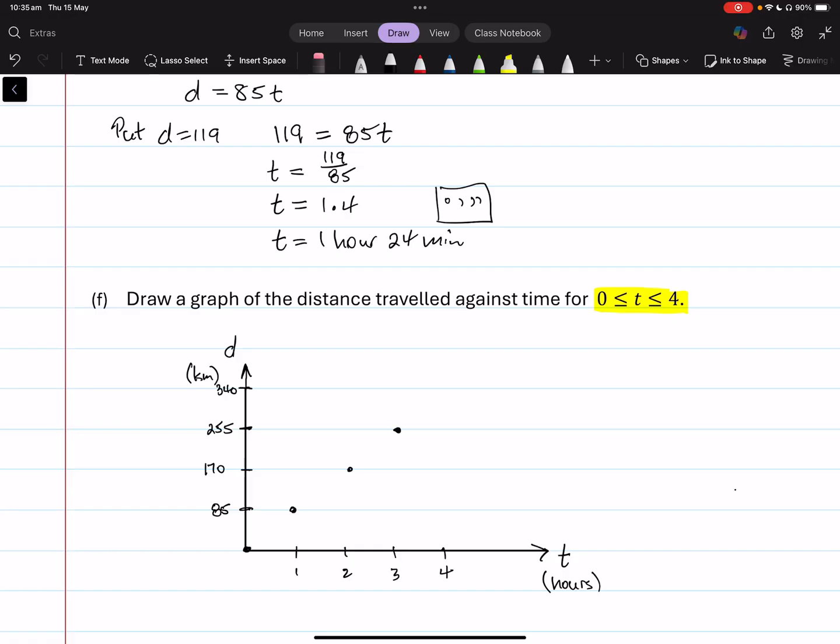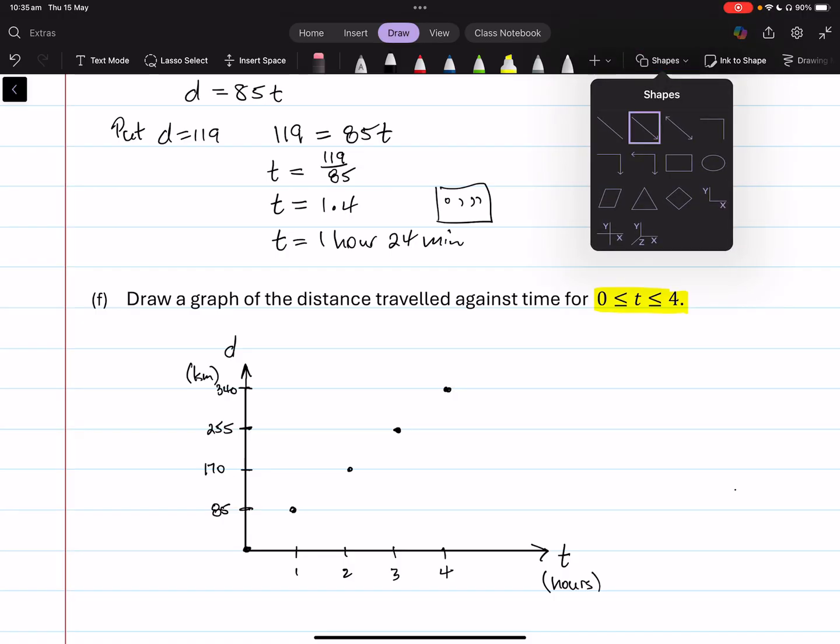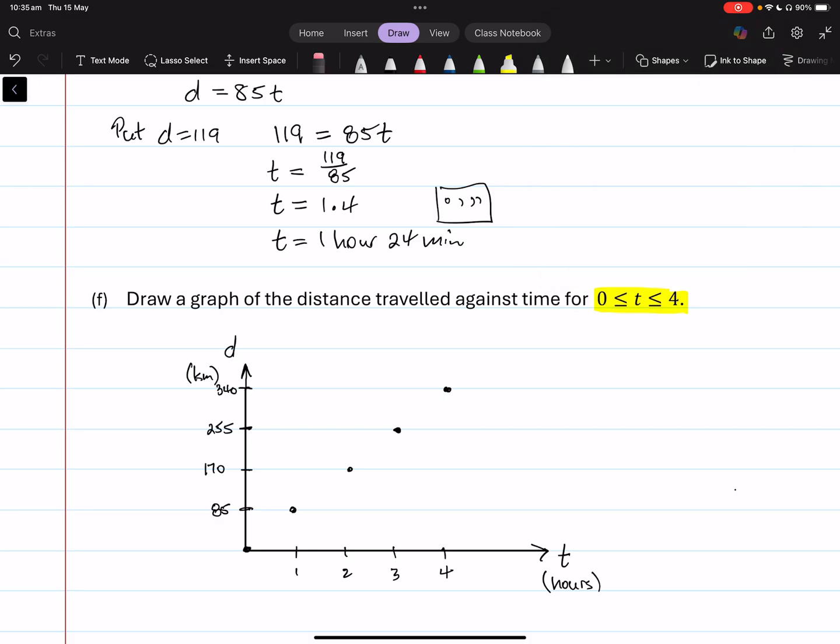Now you'll have a ruler, so try to keep yours neat. I'm doing mine a bit by eye here, and I think that last one might be out. We'll see. And then once you've plotted those points, we're going to draw the line through those that represents the distance that the train is traveling against time.